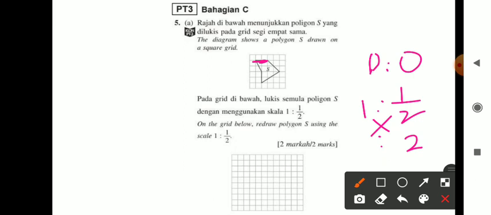It will be 2 times 1 divided by half. You get 4. So you draw 4 units here. Then you go and calculate the rest. If 2 units become 4 units, then 3 units become 6. Then you draw. It becomes 2 times larger.